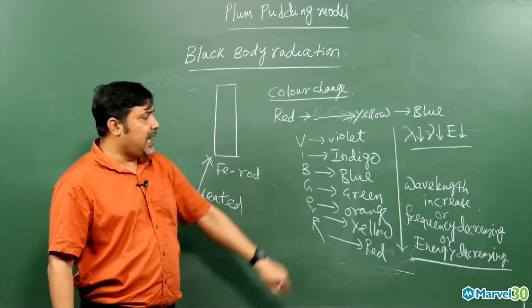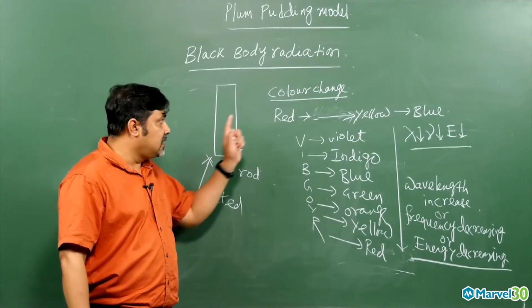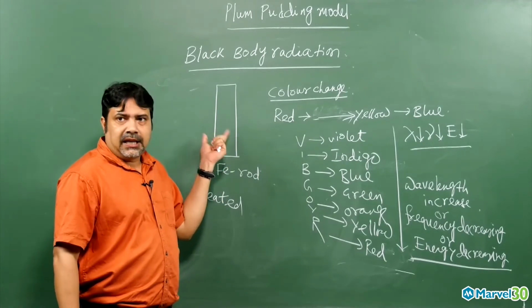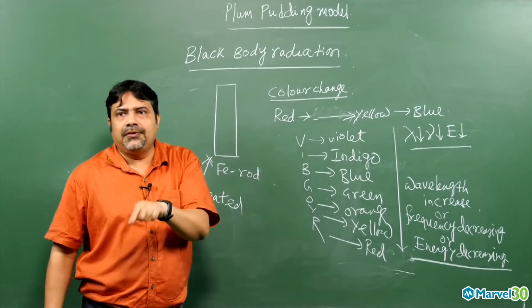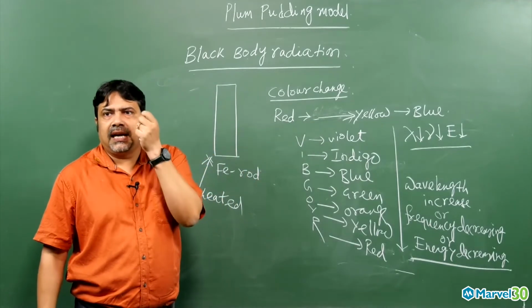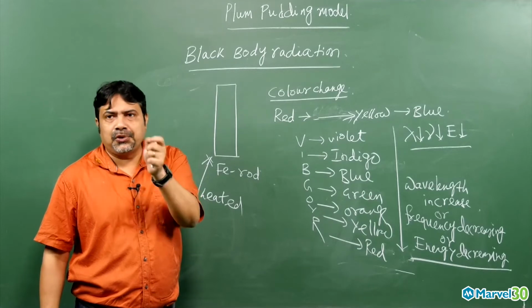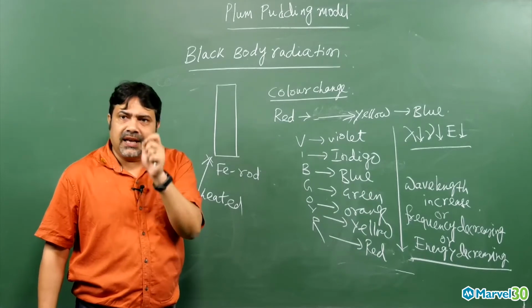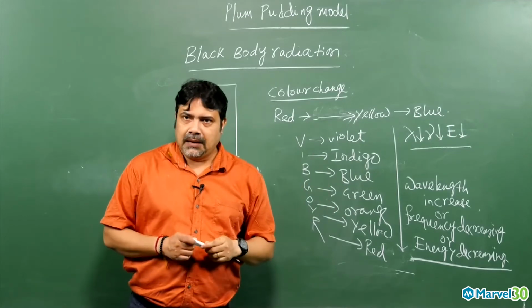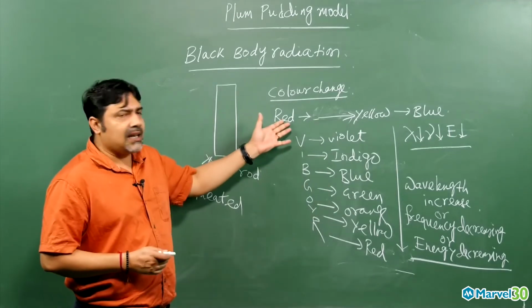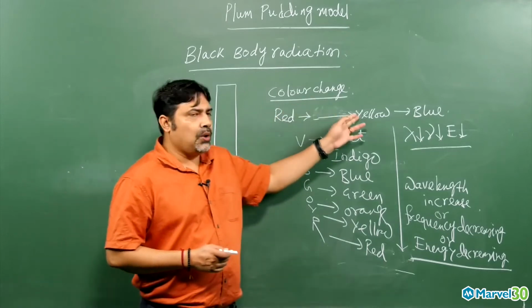So that is why, when they are heating this iron rod, classical physics, that means Newtonian physics, would say that energy is proportional to intensity. If energy is proportional to intensity, then the color should not change. But when it is heated, the color changes from red to yellow, yellow to blue.